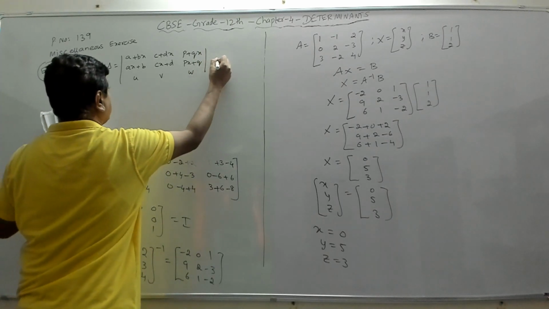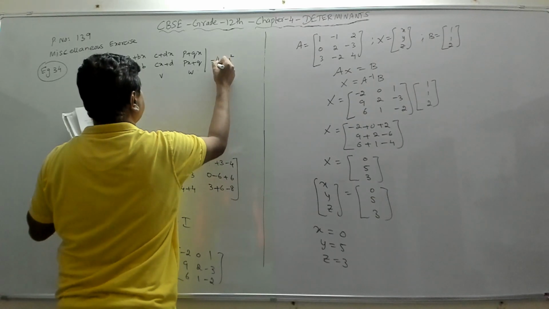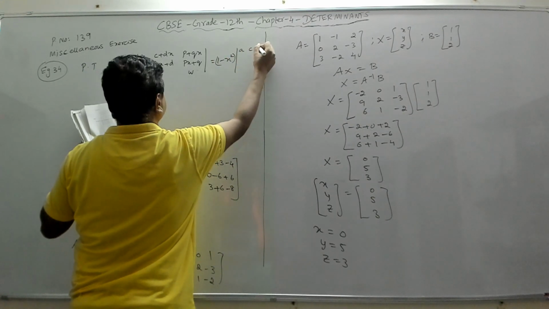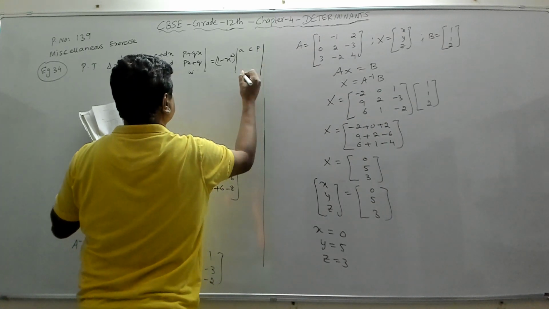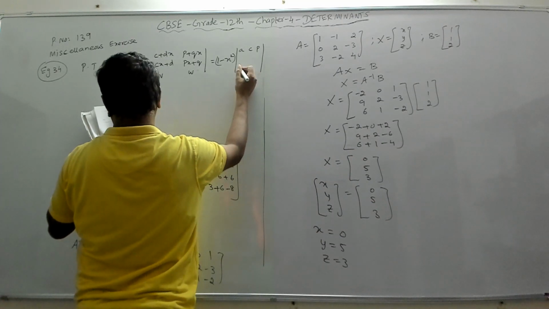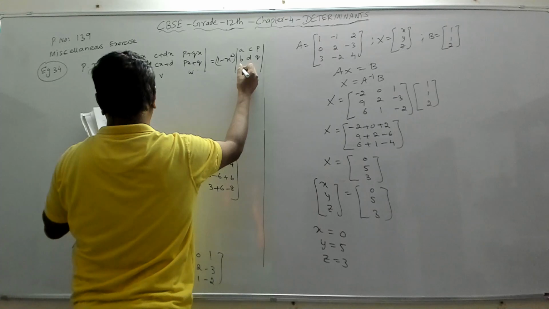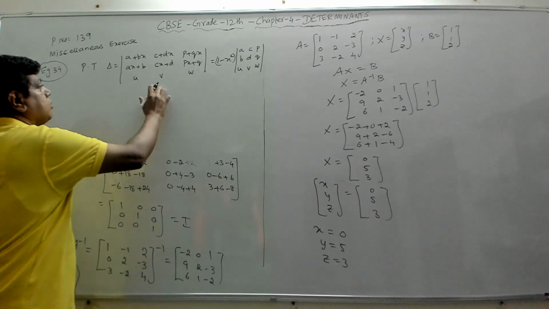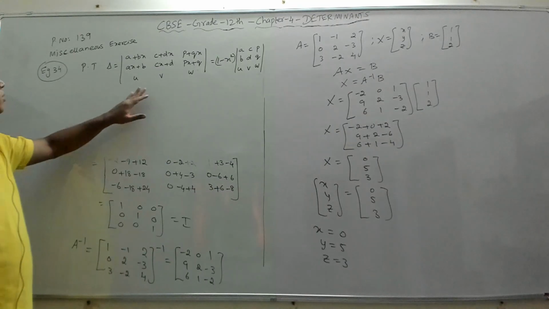This is equal to, we should prove it as, 1 minus x square into the determinant of a, c, p, b, d, q, u, v and w. You are sure that the value of this is equal to, fine. Now, how do we do this?